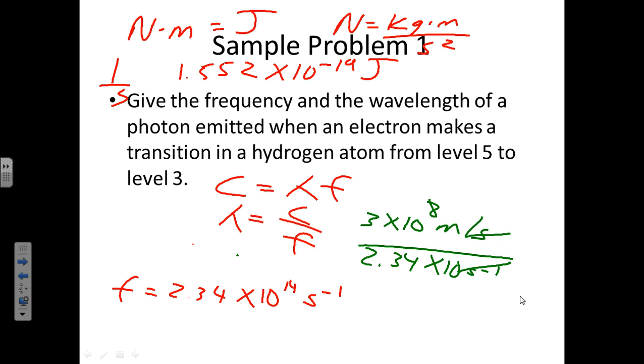So it's 3 times 10 to the 8th divided by, I left off my power here, by the way, this is 14 power. 3 times 10 to the 8th divided by 2.34 times 10 to the 14th. And we end up with a wavelength of 1.28 times 10 to the minus 6 meters.